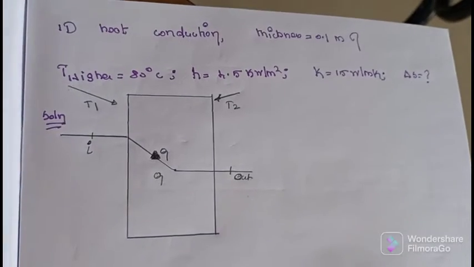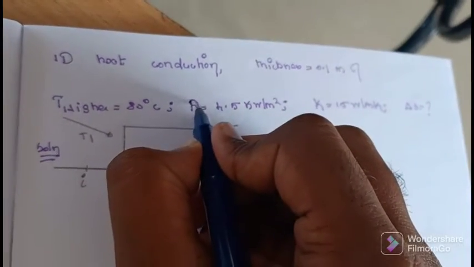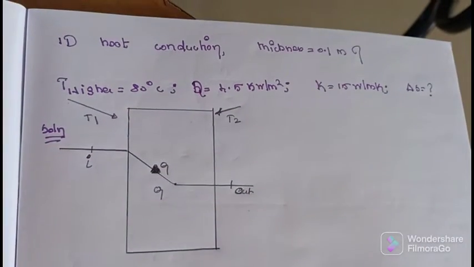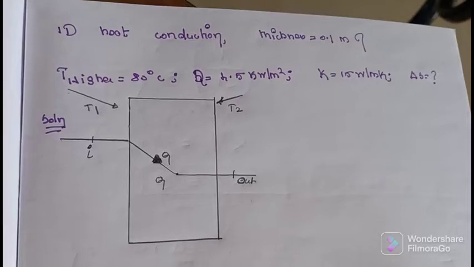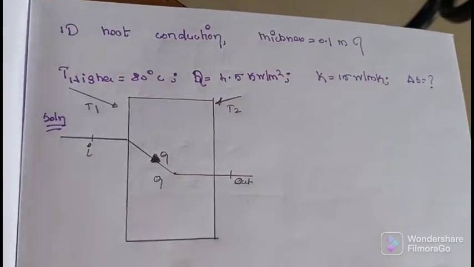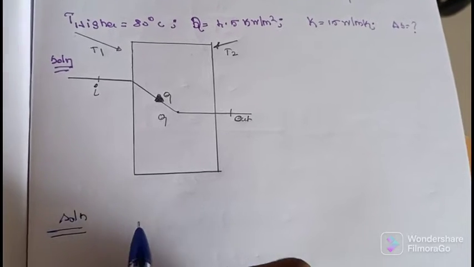And K is 15 watt per meter Kelvin. They are asking for del S generation, so for that we have to find the value of T2.